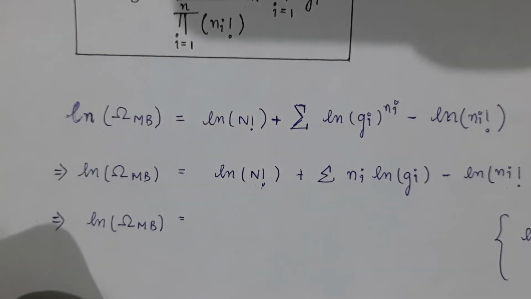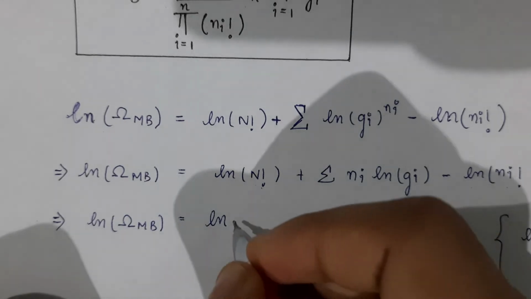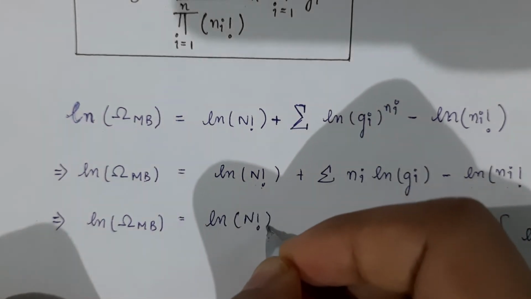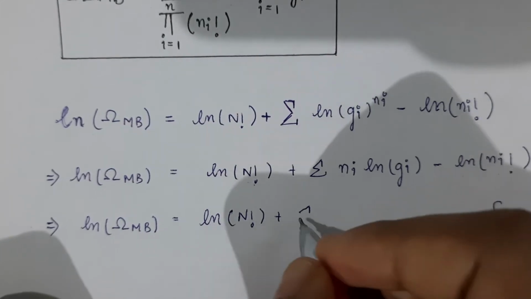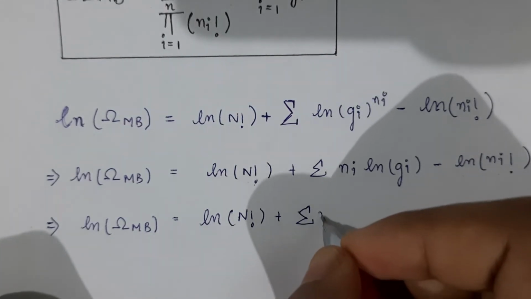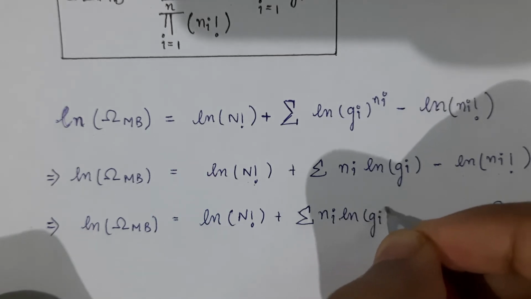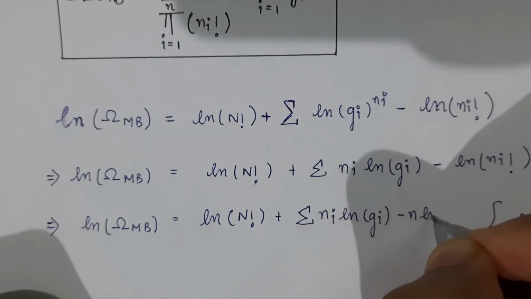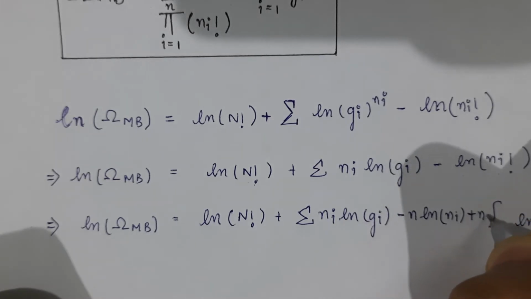So ln of n factorial is replaced, plus the summation, where applying the approximation in the next line gives ni ln gi minus ni ln ni, and this minus makes it plus, so plus ni.